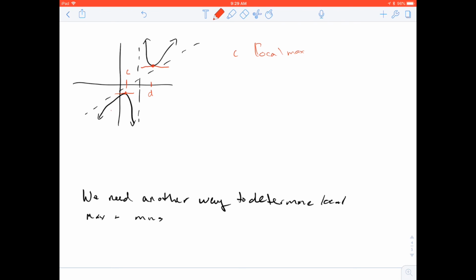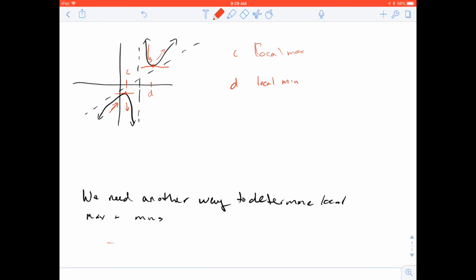One thing we may notice is that our point C, which we said was a local max, on the left side of C my graph is increasing, and on the right side my graph is decreasing. If I look at D, our local min, on the left side my graph seems to be moving downward, decreasing, and on the right side my graph starts to rise again, so it's increasing.